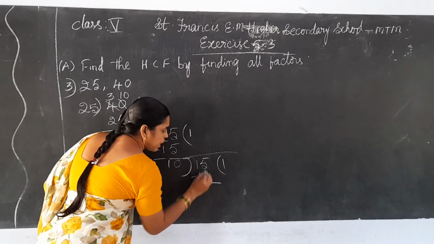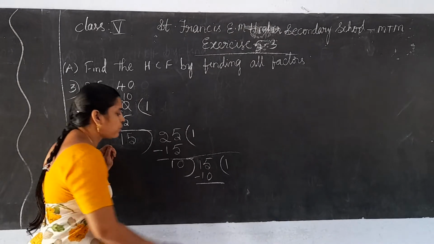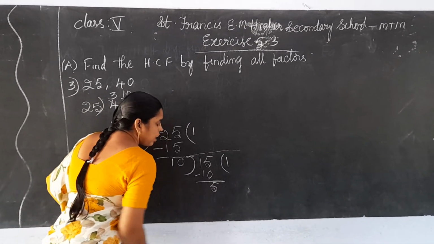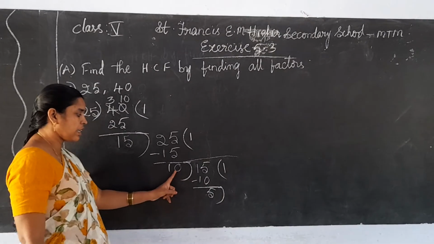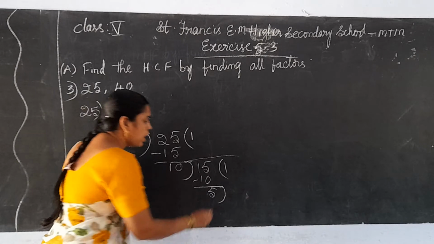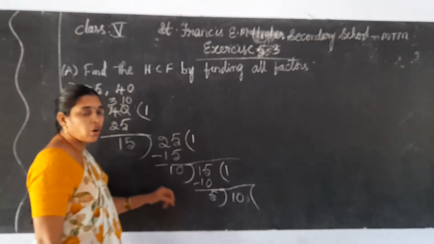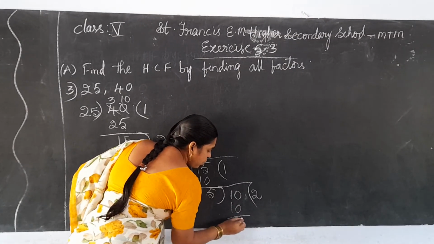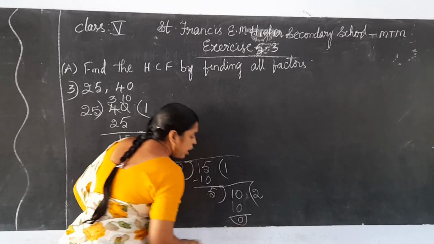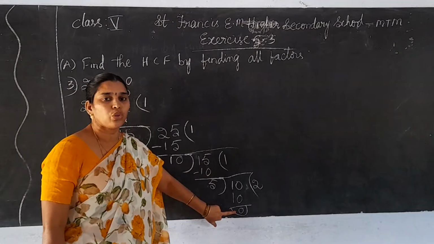Now what is the remainder here? 5. This becomes the divisor and this divisor becomes the dividend. Now 5, how many times will it go? 2 times. 5 twos are 10. Now the remainder is 0. Until the remainder becomes 0, we have to continue this sum.